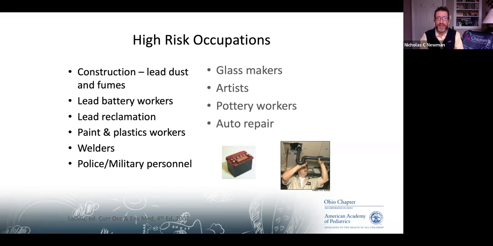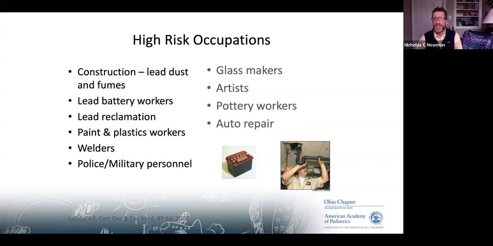And then, obviously, people who are working with lead metal directly, batteries or recycling, welders, sometimes police or military personnel, as they have to certify at least once a year with their firearms, will sometimes bring lead home.